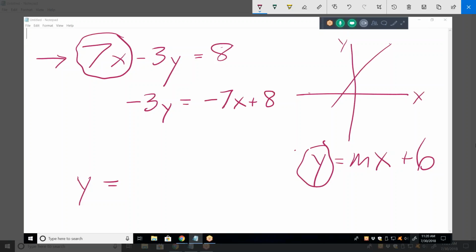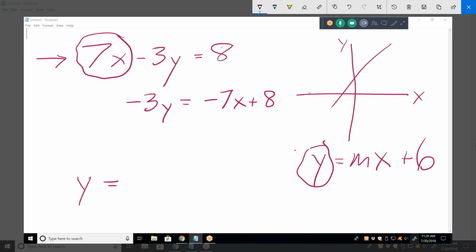Again, I've seen you make this mistake three times. When I'm moving something from one side of an equation to another, always change its sign, if I'm doing it by adding or subtracting. And in this case, I was doing it by subtracting.